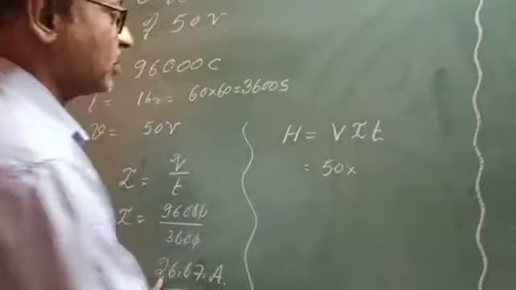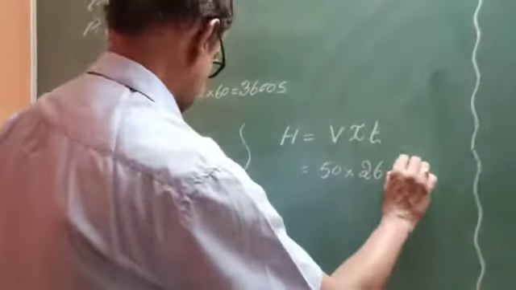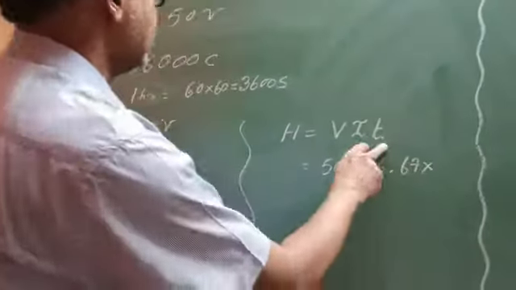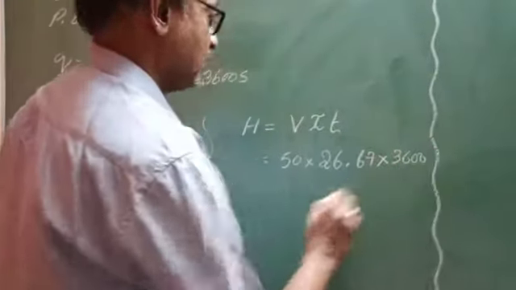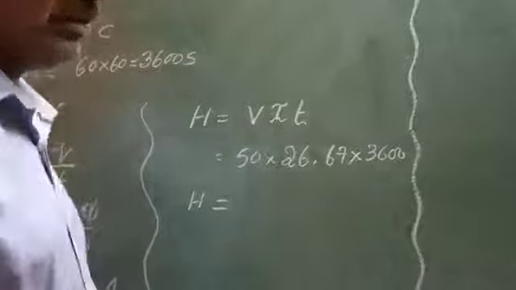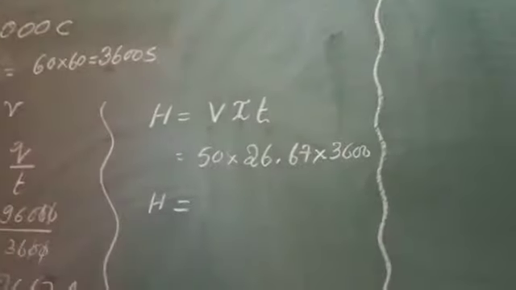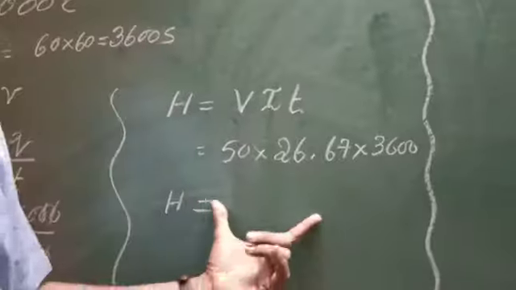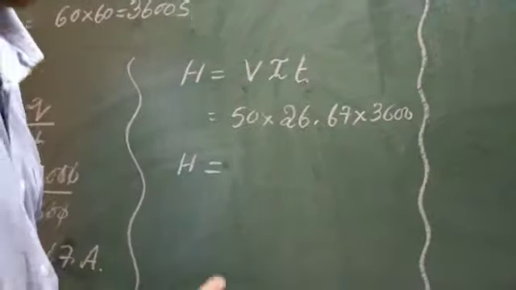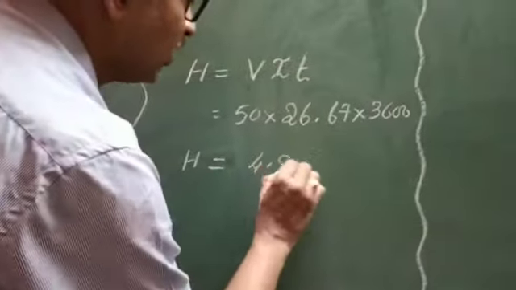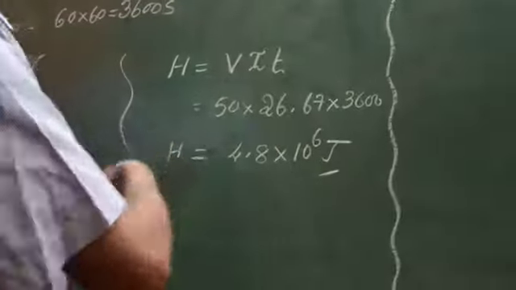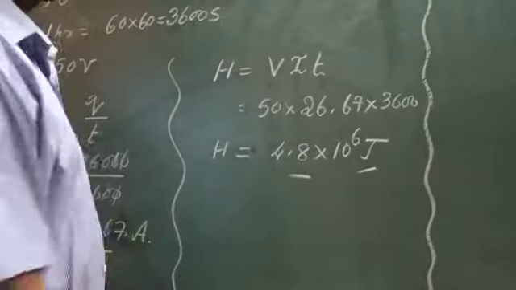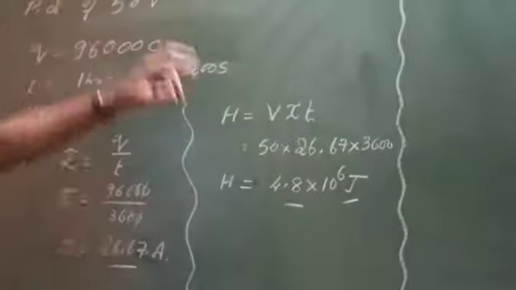Current is 26.67, into the time, which is 1 hour, that is 3,600. So H, the heat energy produced, on multiplying this we will get a huge number, that is 4.8 into 10 to the power of 6 joules.